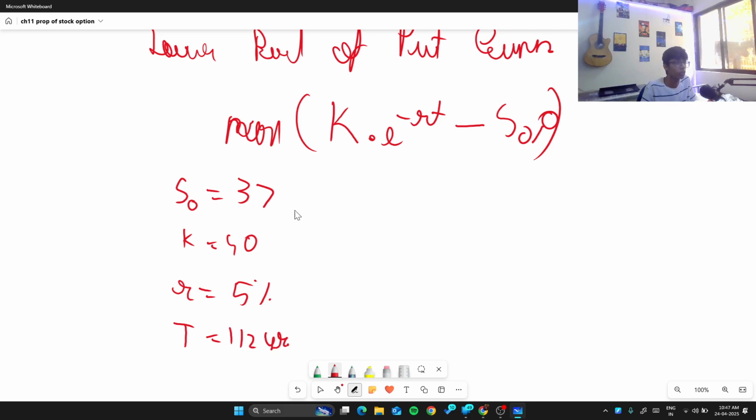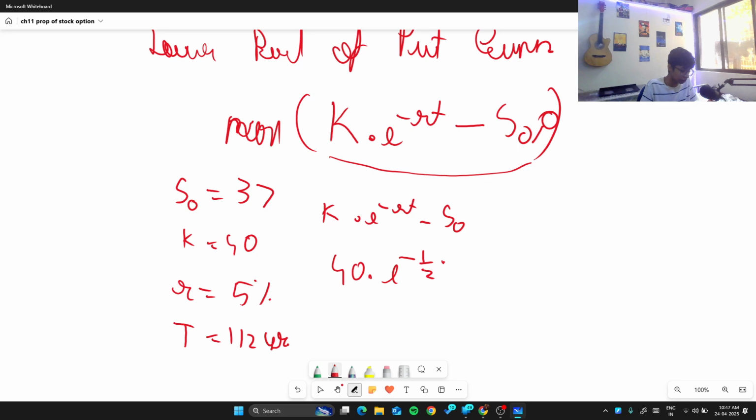So according to the formula of the lower bound, K·e^(-rT) minus S0, the lowest fair price of the option should be 40·e^(-0.05×0.5) minus 37, the current stock price, and that is 2.01.